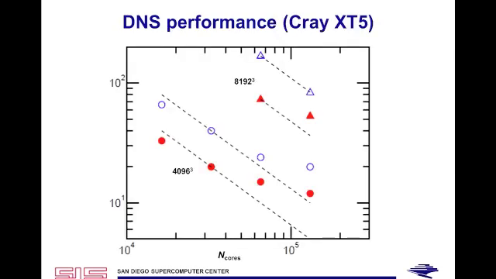And here are some results for 4K cubed and 8K cubed grids. This is on Jaguar. These lines show the perfect scaling lines. The blue symbols show performance of the code with scalars on top of velocity fields, and the red lines are just the velocity field.